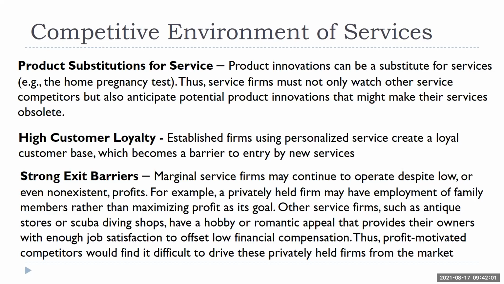But the other way around, there are certain services which are family owned, which have been continuing for many years. Many services do not make profit, but because it is a family business, or related to, let's say, doctors. In my town there was a doctor, who is no longer alive, but until the last 2 to 3 years he used to charge 20 or 25 rupees from all patients.